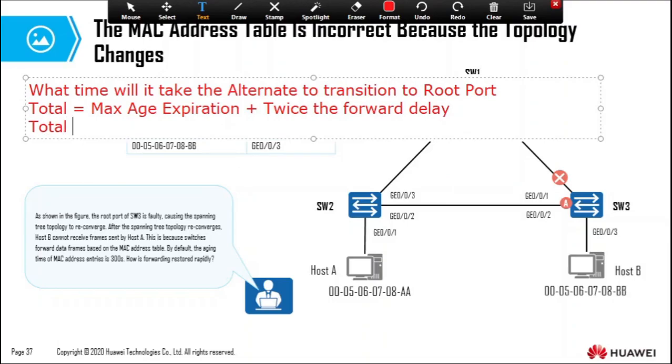So the total here is going to be maximum age, which is 20 seconds, plus 2 times 15. So that will give us 50 seconds. Is that clear?